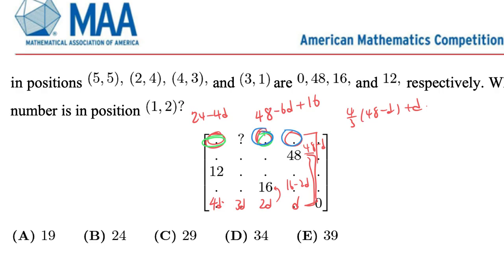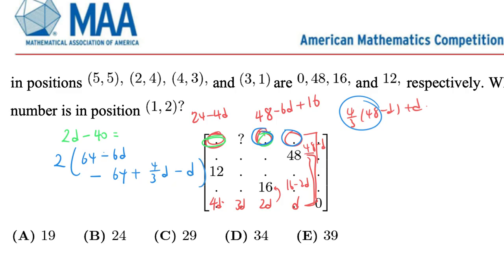So this difference is 2d minus 40, which should be equal to double of this minus this, which is, well, this minus 60, and what is this? This is 64 plus 4 over 3d minus d, right? So they are equal.